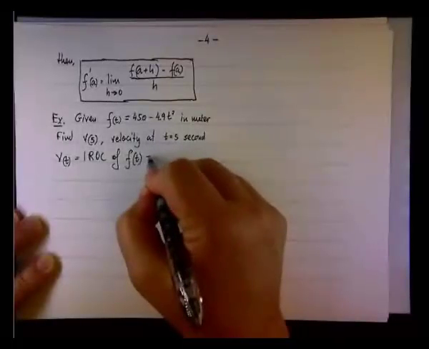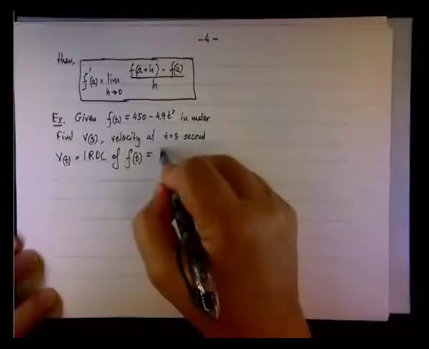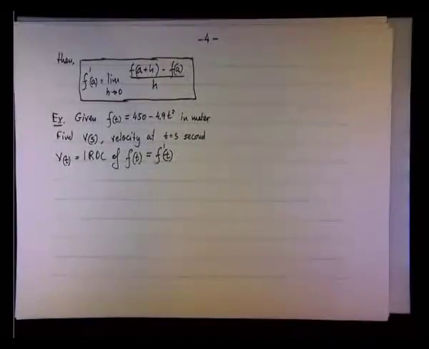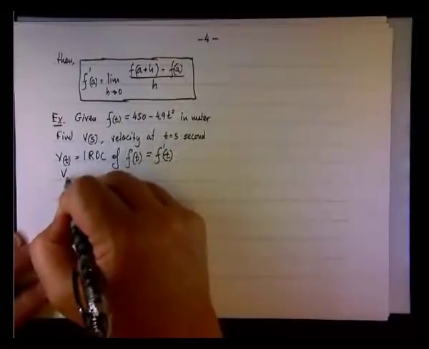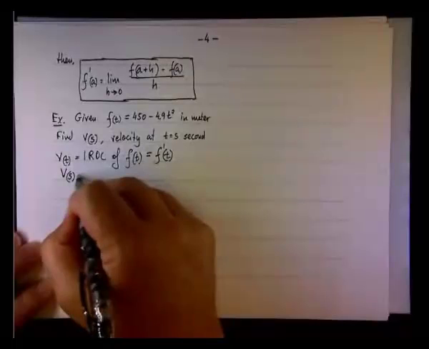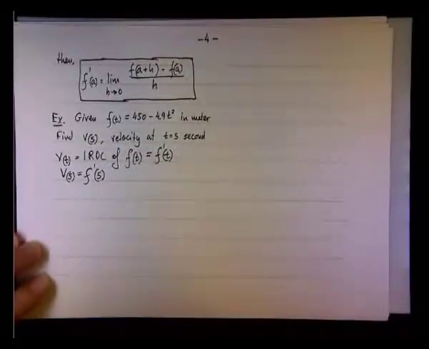And using our new definition, the instantaneous rate of change graphically is the slope of the tangent, and therefore it will be f prime of t. In particular, v of 5, the velocity after 5 seconds, will be f prime at 5 seconds.